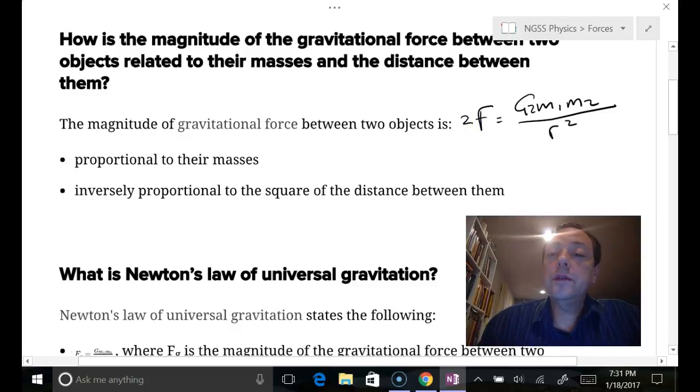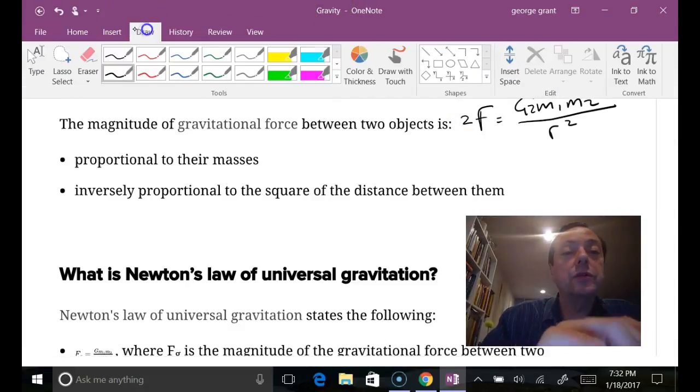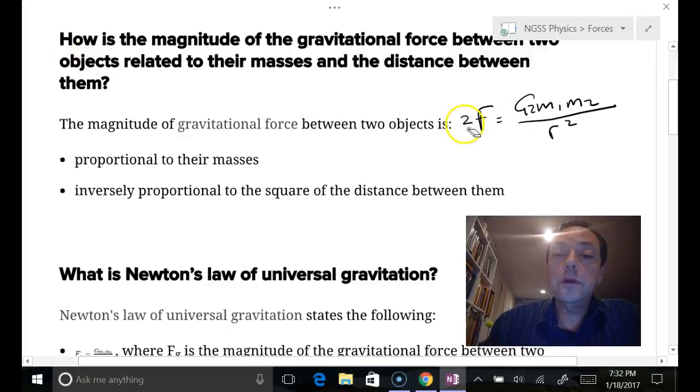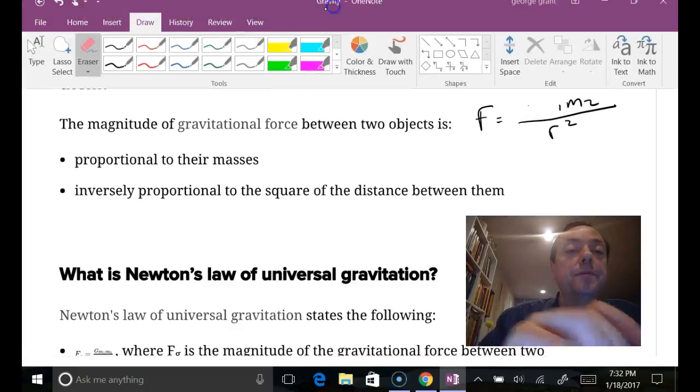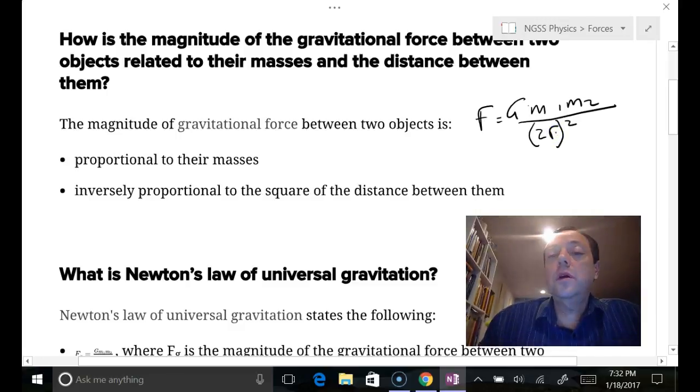If, on the other hand, I double the distance, I'm actually going to be dividing that side not by 2 but by 2 squared.